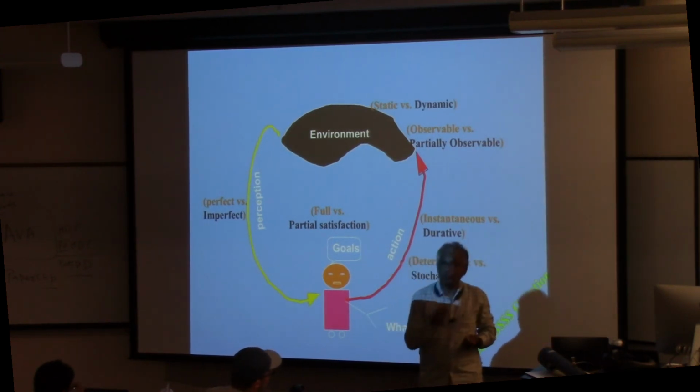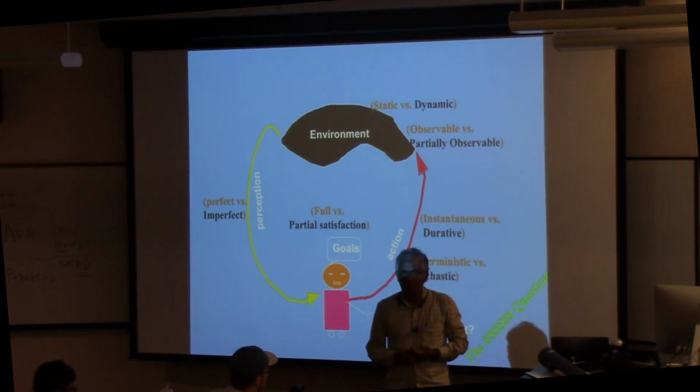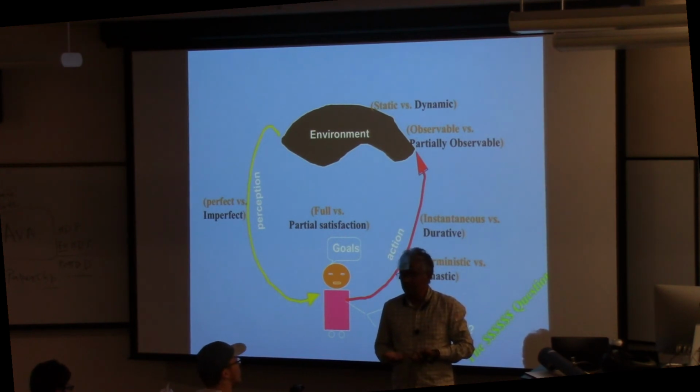At that point, I have two possibilities. One is decide what action to do, or decide more tests. Tests are actions too. In the US, you'll get more tests. Why?